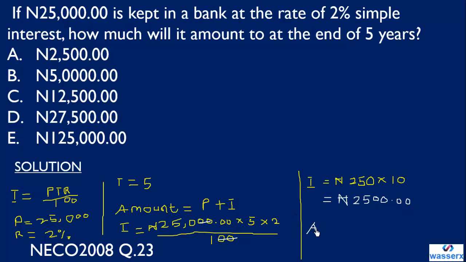So the amount will now be equal to the addition of the principal, which is 25,000 naira, plus the 2,500 naira, and this will give us 27,500 naira.